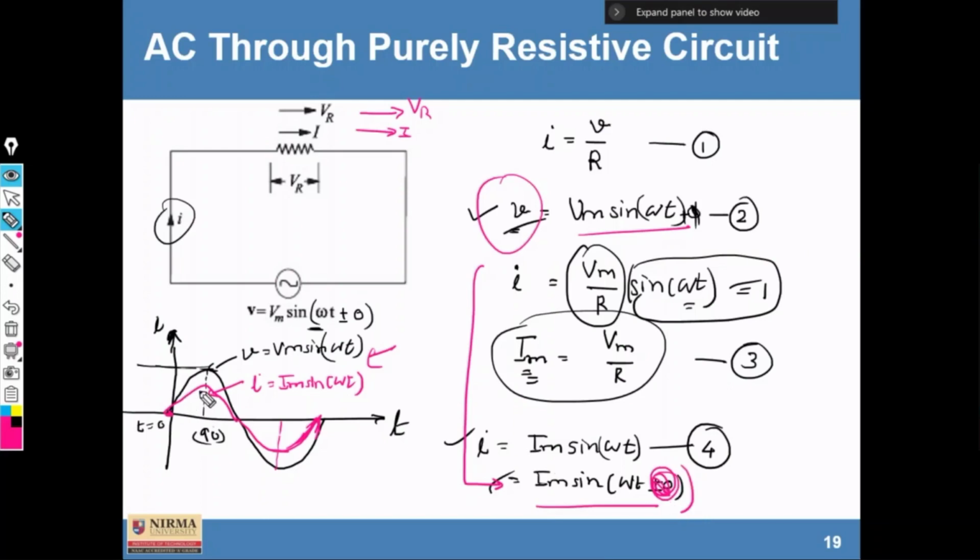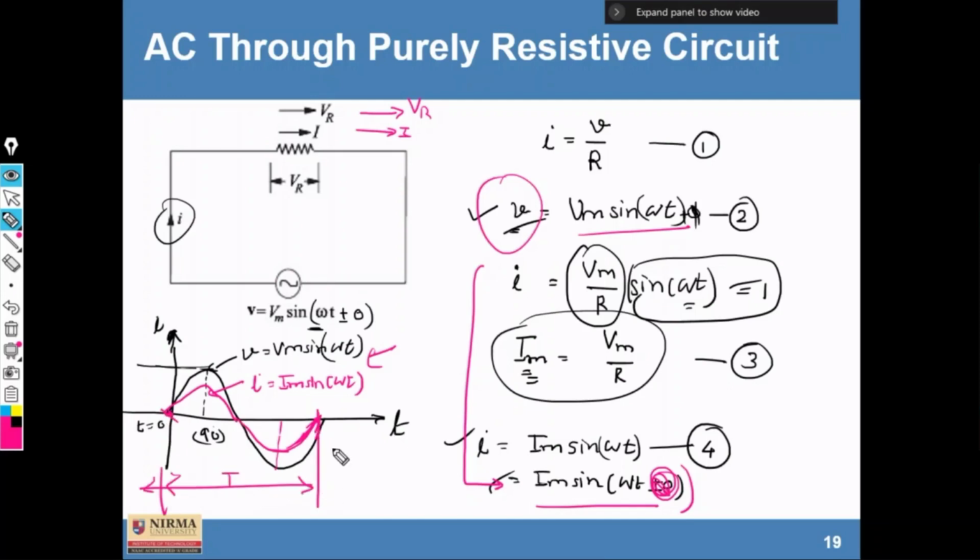It means there may be a change in magnitude of voltage and current, but they reach the maximum, return to the 0 value, and go in the negative direction at the same time. So the time period, capital T, is the same in this case.